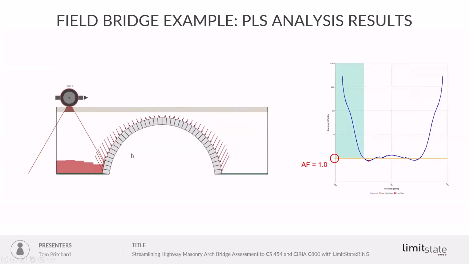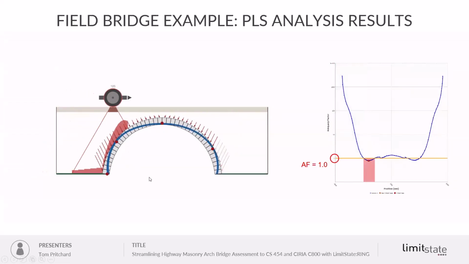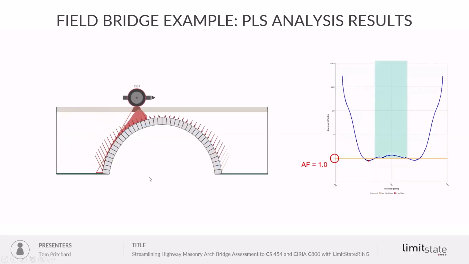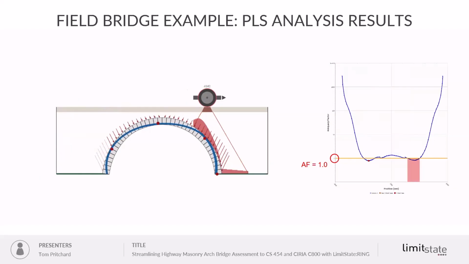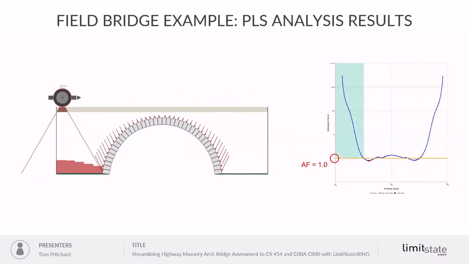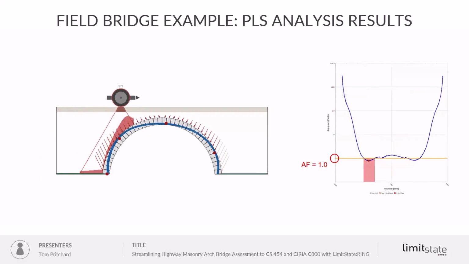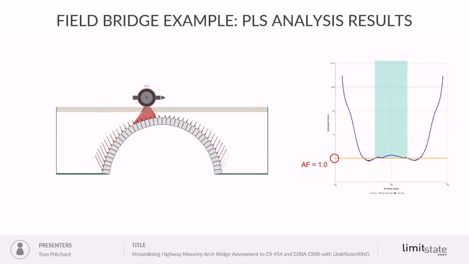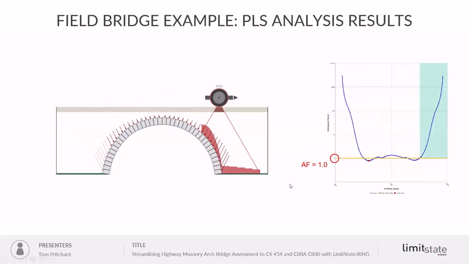So over the quarter spans here, where the adequacy factor is below 1, the bridge has exhausted its primary modes of resistance and instead has started to engage the less reliable secondary modes of resistance, such as soil passive pressures and possibly spandrel wall resistance.